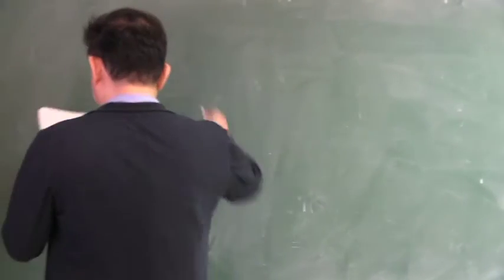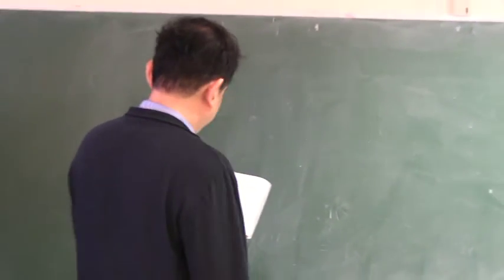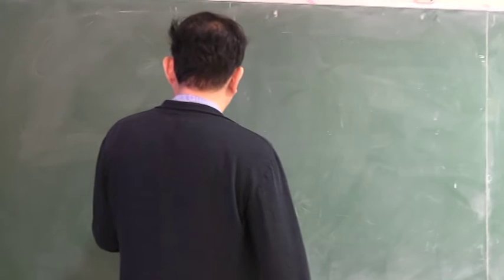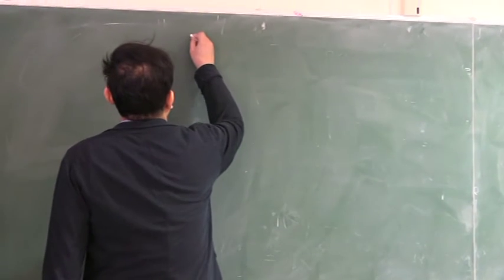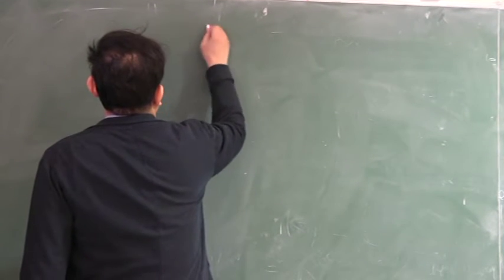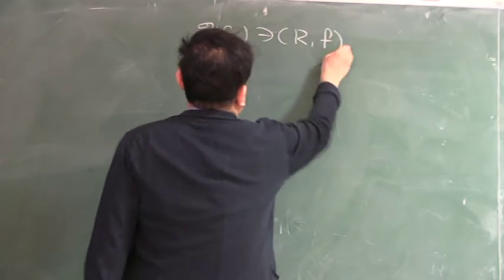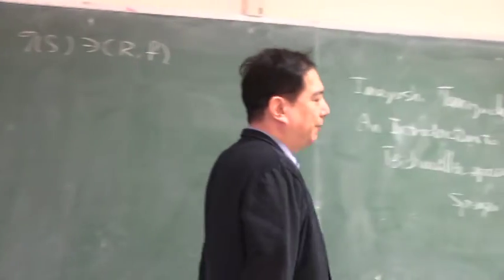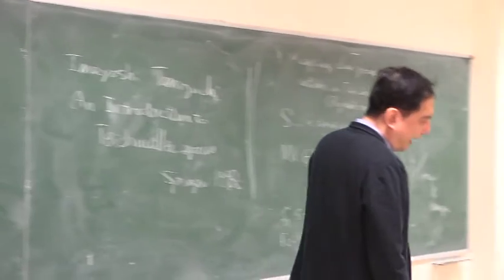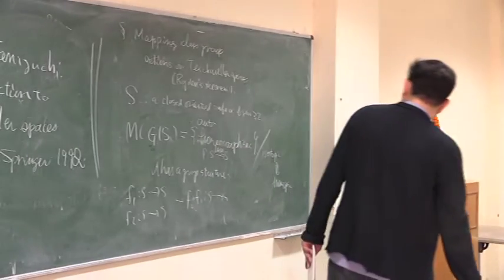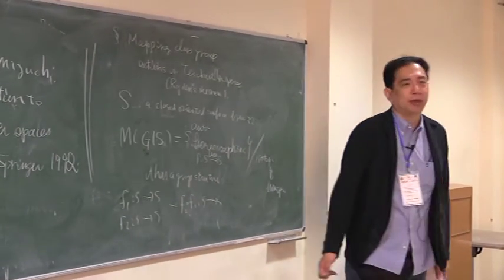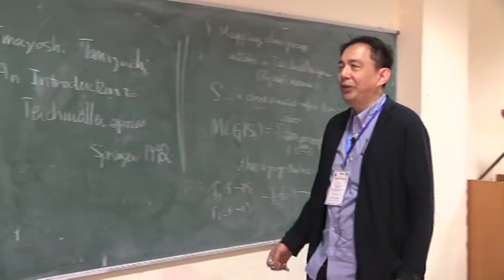Now let me define the action on the Teichmüller space. You have a point in a Teichmüller space. The point in a Teichmüller space was a pair of a Riemann surface and a homeomorphism from S to that Riemann surface.